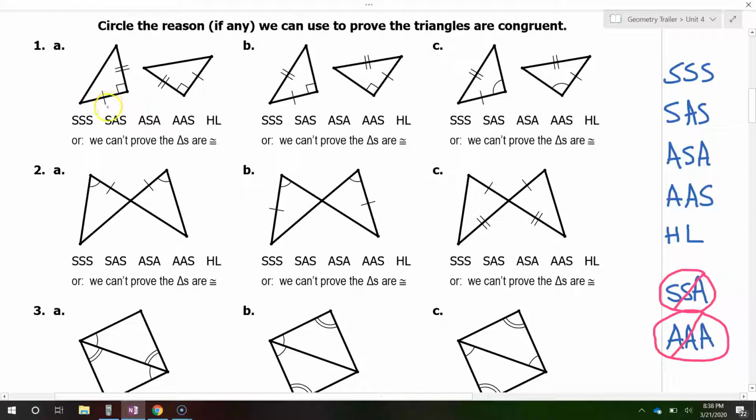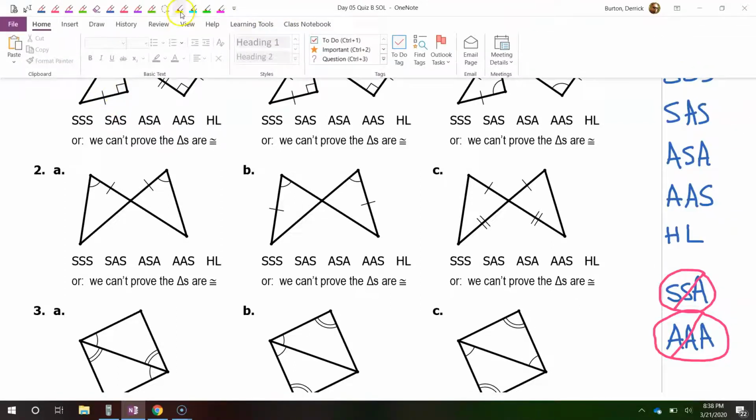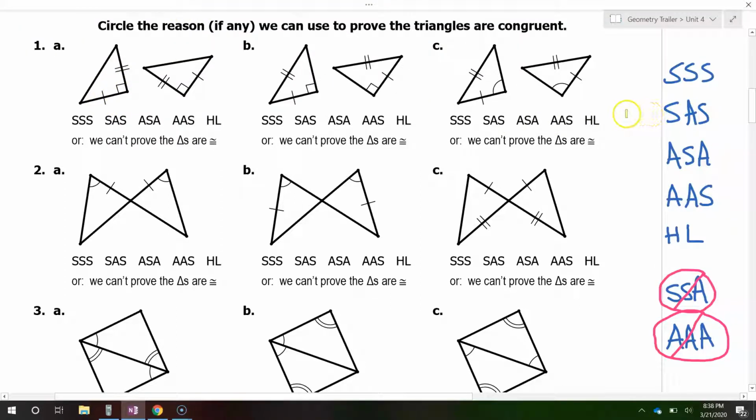When we look at problem number 1, let's see which one of these methods will prove that the triangles are congruent. Look at the combination of information that we have. I see that we have 2 sides and an angle. So whenever we have 2 sides and an angle, that narrows it down to either this one, or this one, or this one.